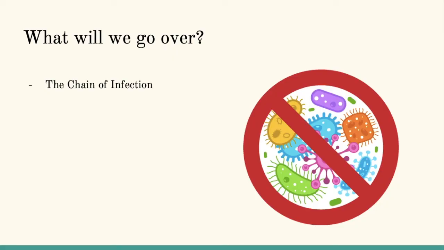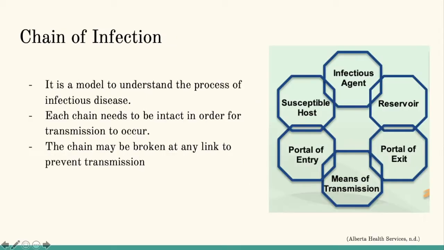Today we're going to go over the chain of infection, what it's all about and what it means. The chain of infection is a model to understand the process of an infectious disease, so the process of how a microorganism infects someone and causes disease. The chain is made up of 6 links.